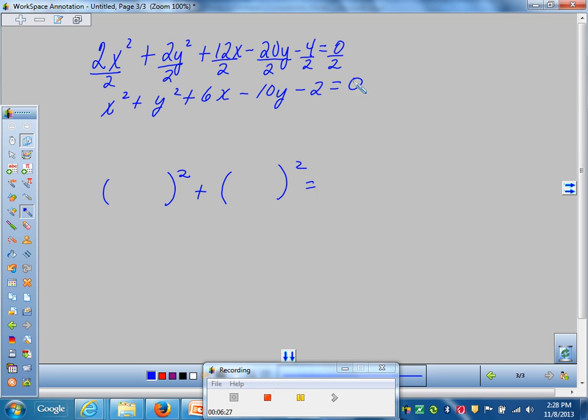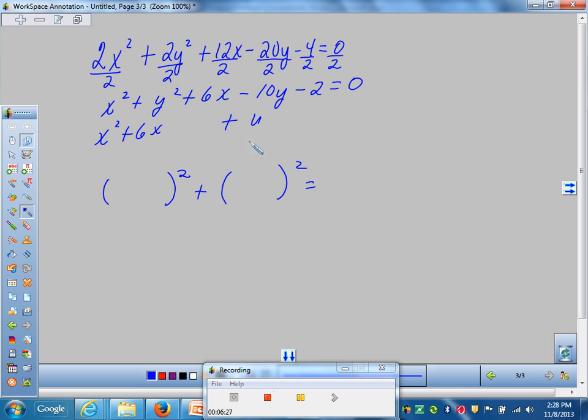Do you like the order it's in? Because if I'm going to complete the square, don't I kind of need the x's together and the y's together? Yeah. So we want to rearrange. You want to get your x's together, so I'm going to do x squared plus 6x, and I know I'm going to complete the square, so leave a gap. I'm going to put a number there to complete the square.